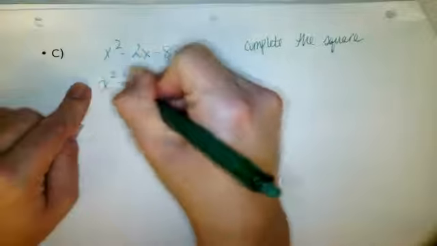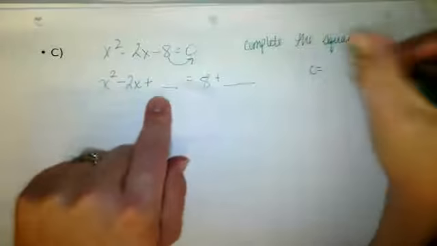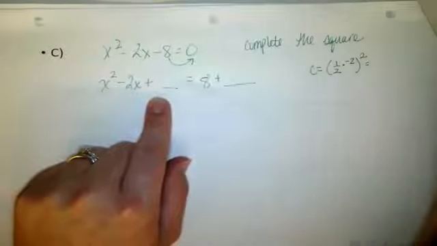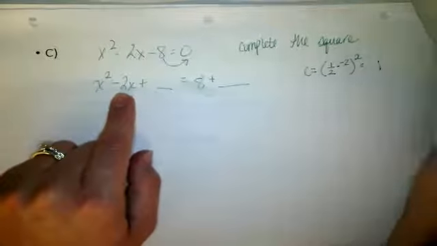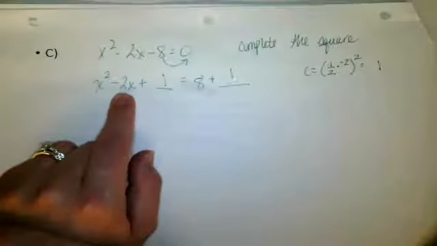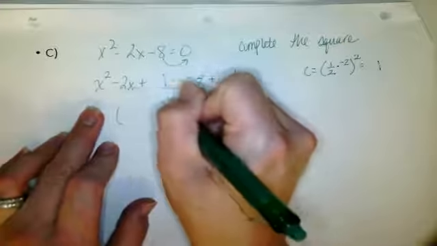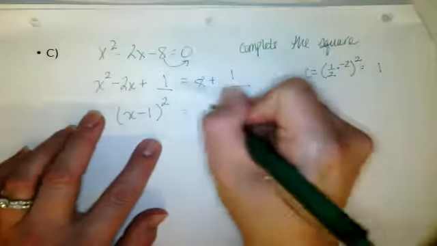So we have x squared minus 2x. I'm going to go ahead and add my blank spaces. And then we're going to fill the blank space with half of -2 squared. Half of -2 squared is 1. That value makes this really easy to double bubble. How does x squared minus 2x plus 1 double bubble? x minus 1 times x minus 1, or x minus 1 quantity squared, is equal to 9.